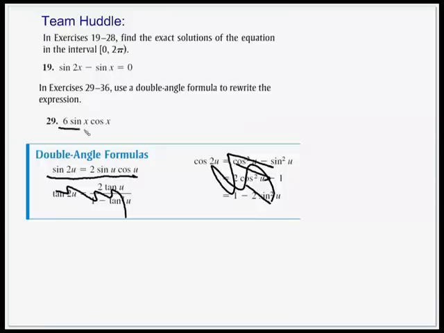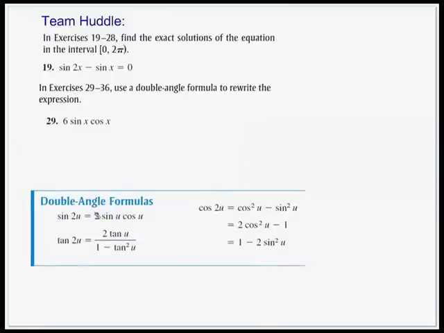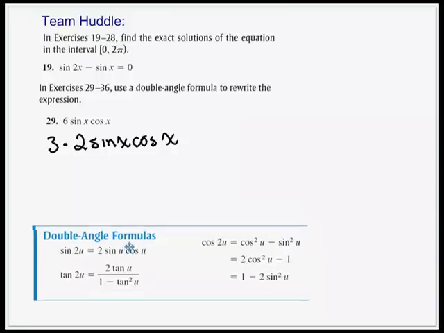And what we are given looks a lot like the right-hand side. So is there anything we can do to our given problem number 29 to make it look more like this? Well, the only thing different is this 6. And we can break 6 up into 3 times 2 sine x cos x. Since that's just a big multiplication problem, we can pull that 3 and that 2 apart.